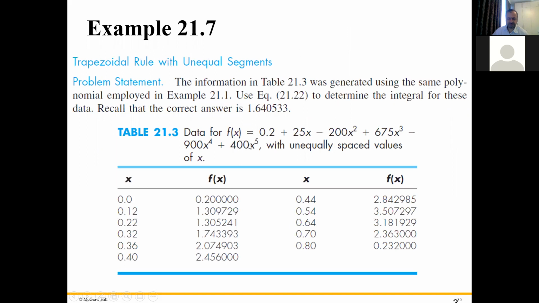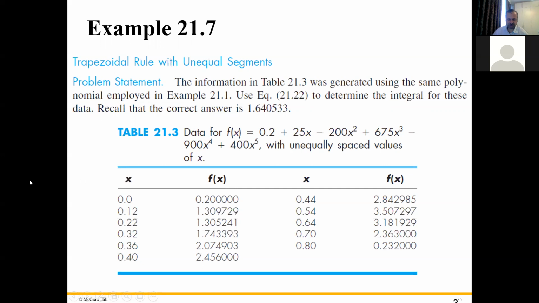So suppose we have the data for this function, 0.2 plus 25x minus 200x, and then so on. But this data is now at unequal segments. So 0, 0.12, 0.22, 0.32. So the length of the first segment is 0.12.